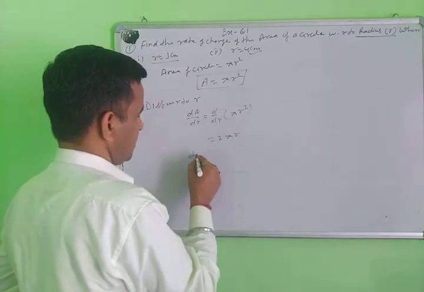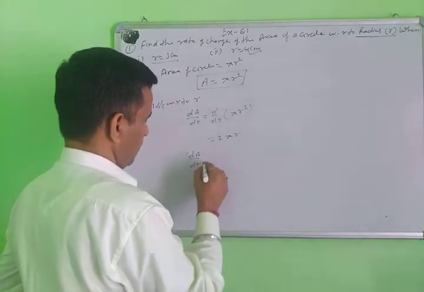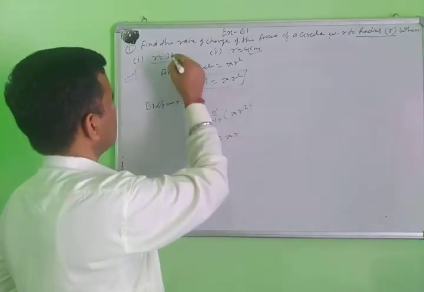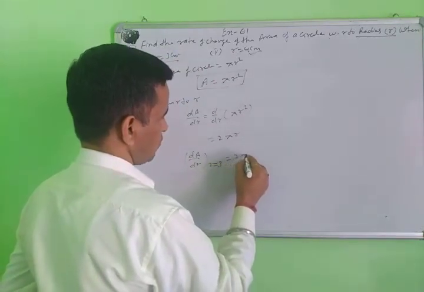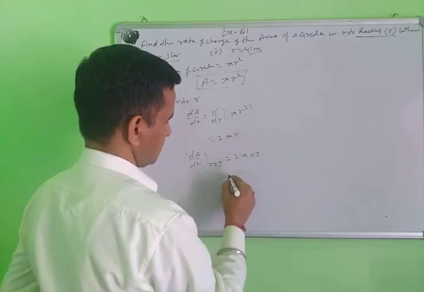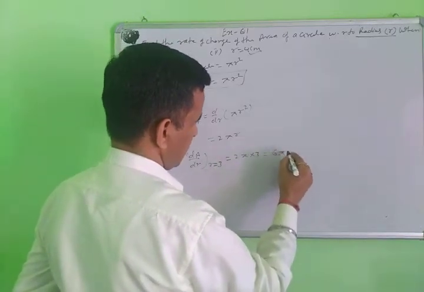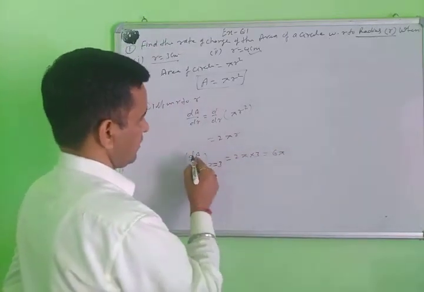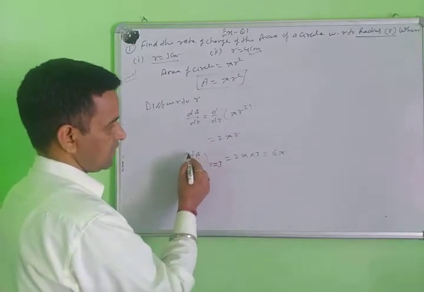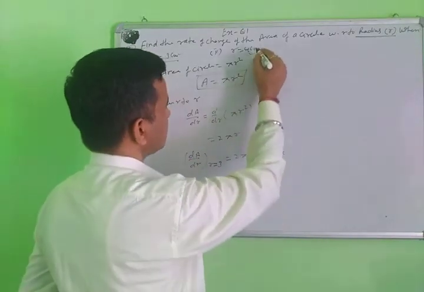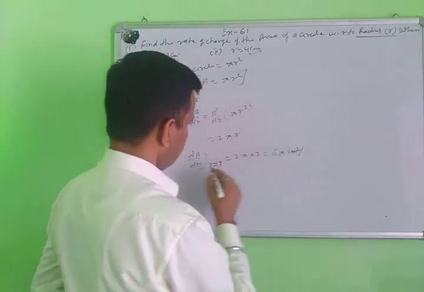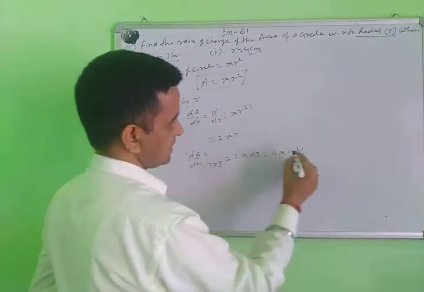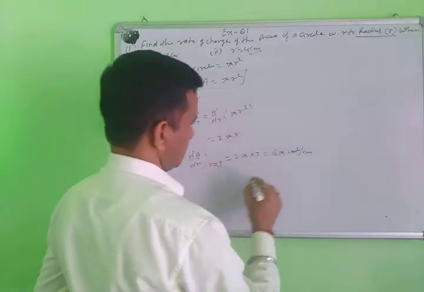So dA over dr at r equal to 3 centimeter in the first part: you can write 2 pi into 3. The answer will become 6 pi. The unit of the area is centimeter square, per the unit of the radius, which is centimeter. This is your answer.